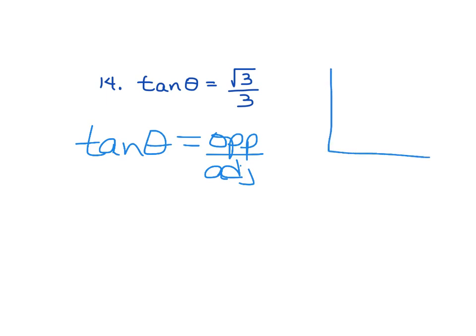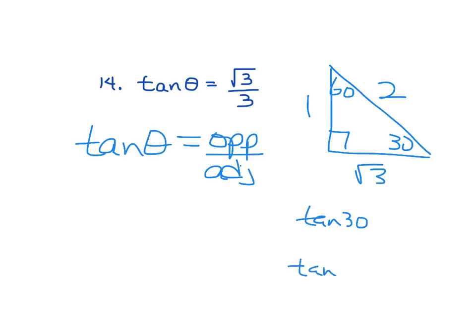Again, I got a root 3. So 30, 60, 90, opposite 30. Again, I need to figure out which one it is. Is it the 30 or the 60? If you want to just do tan 30, tan 60, quickly put them in and see.